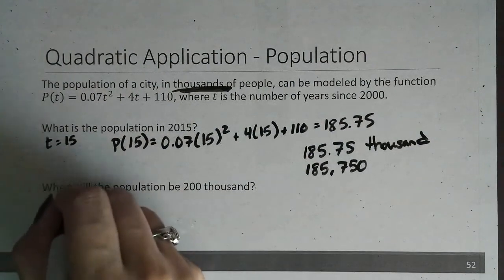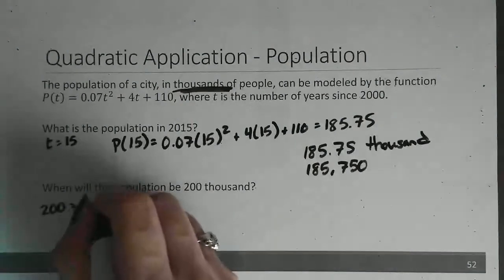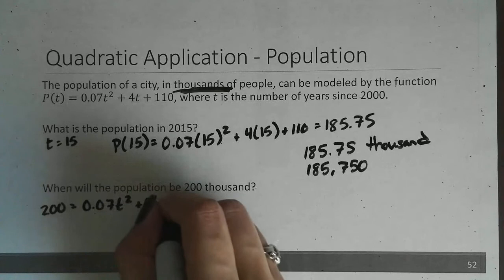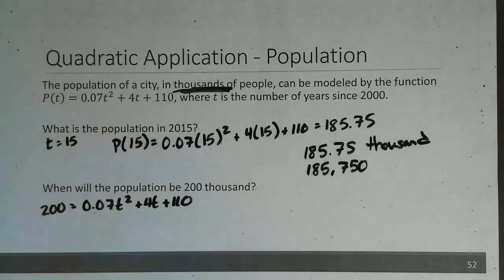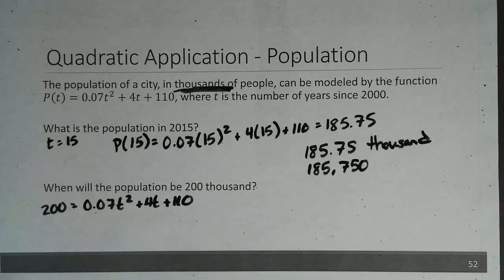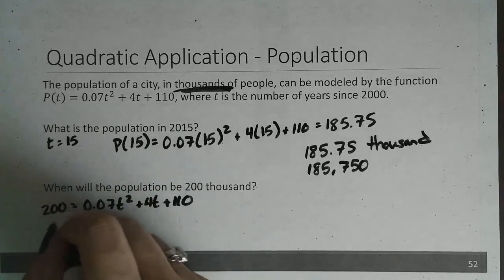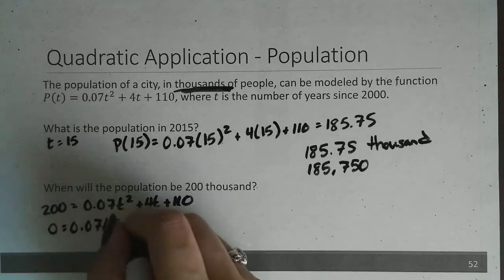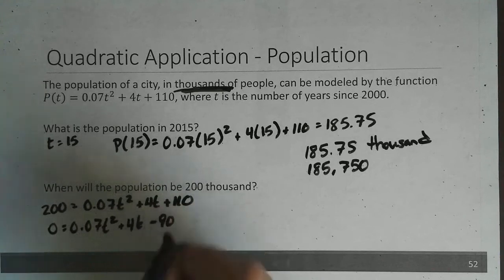So we'll have 200 is equal to 0.07 t squared plus 4t plus 110. Now we need to have a 0 on one side, so I'm going to subtract 200 from both sides. That'll give me 0 is equal to 0.07 t squared plus 4t minus 90.